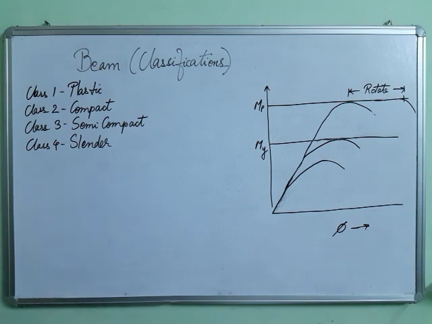You see here, there are some curves that I have drawn. So using these curves, I will be trying to explain it to you. I hope you have till now remembered the concept of My and MP. My is the yield moment and MP is the plastic moment.